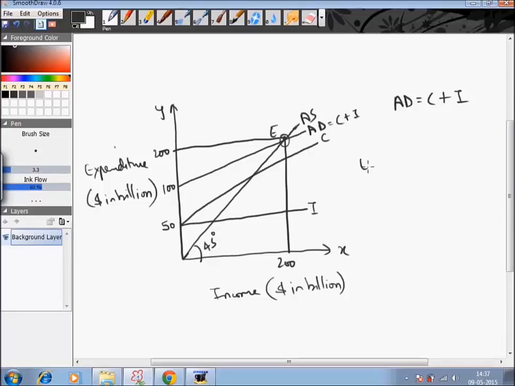So E is a point where AD equals AS, and AD here is $200 billion, and AS here is also $200 billion. So this is how equilibrium is determined, that is, the level of national income is determined under the Keynesian two-sector model.